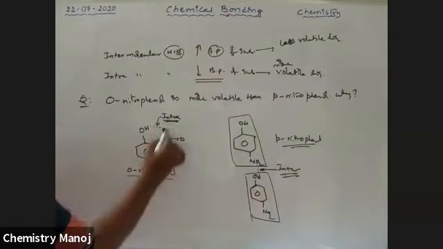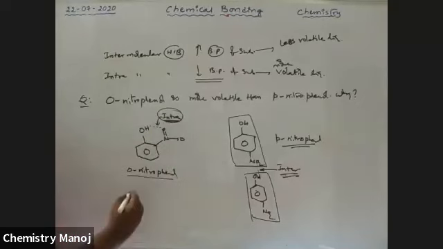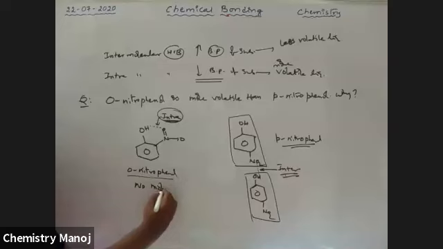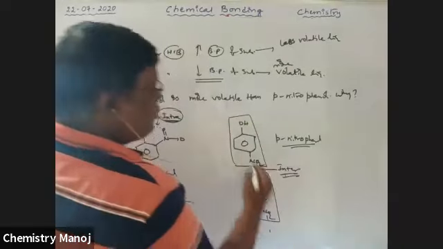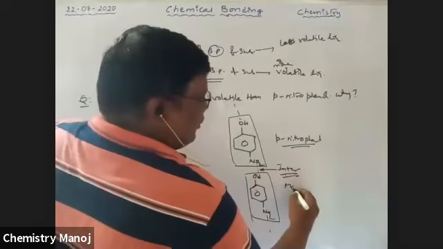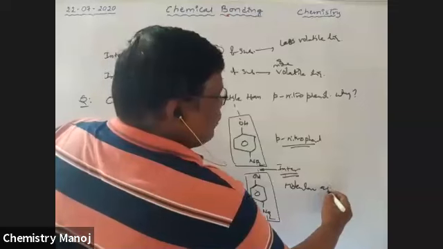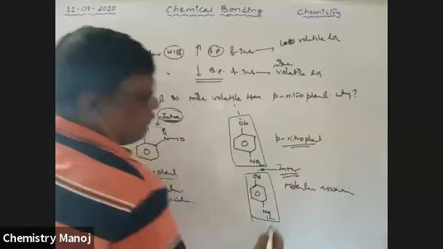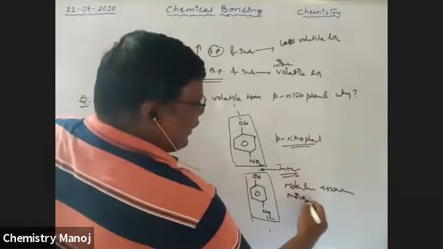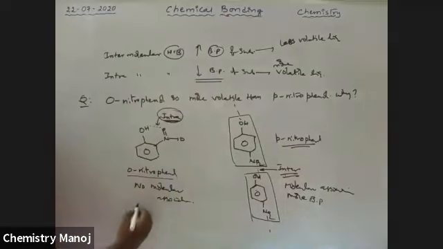In orthonitrophenol, intramolecular hydrogen bonding, no molecular association. Here, molecules are going to be associated with other molecules. Therefore, more boiling point here and less boiling point there.